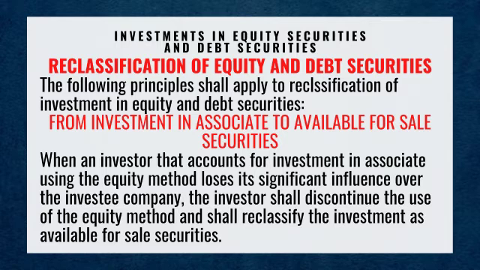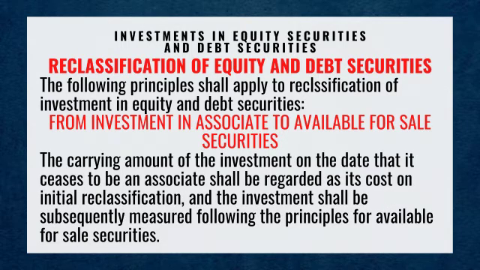From investment in associate to available for sale securities. When an investor that accounts for investment in associate using the equity method loses its significant influence over the investee company, the investor shall discontinue the use of the equity method and shall reclassify the investment as available for sale securities.